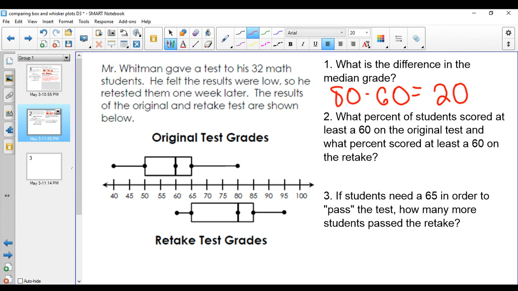Okay, number 2, what percent of students scored at least a 60 on the original test and what percent scored at least a 60 on the retake? So let's look at the original test first. What percent scored at least a 60? Well, it looks like only half of the class, or 50%, because remember each quartile is 25%.